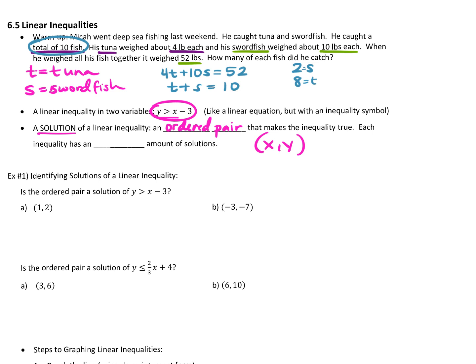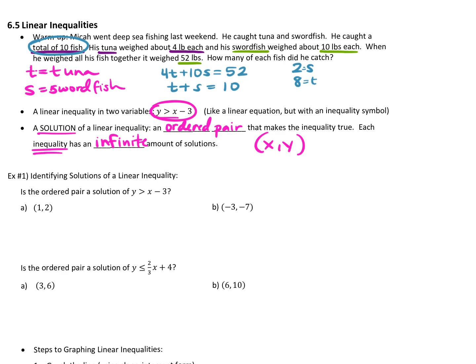When it's an inequality, it has an infinite amount of solutions, because if it just has to be less than something, you can keep going less than 1,700 forever and ever and ever, right? You can go into the negatives and whatnot. Not different than a line, because a line goes on forever too, but you will have a plethora of possible solutions, okay? There are a lot of possible solutions here.